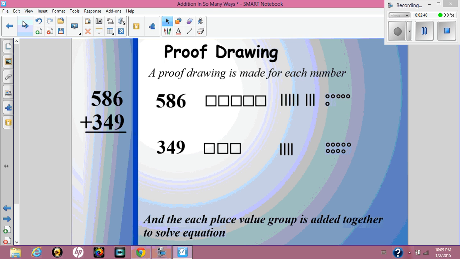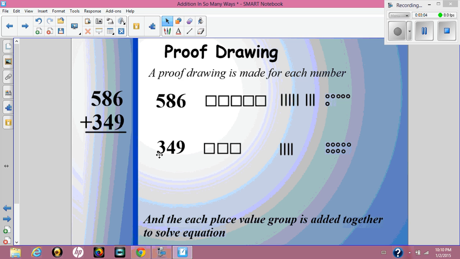We've used proof drawings. The equation, we've created a proof drawing for each of the numbers that we are adding together. 586, we indicate the 5 100 boxes, the 8 10 sticks, and the 6 ones for demonstrating 586.